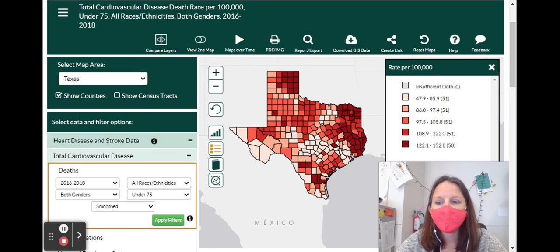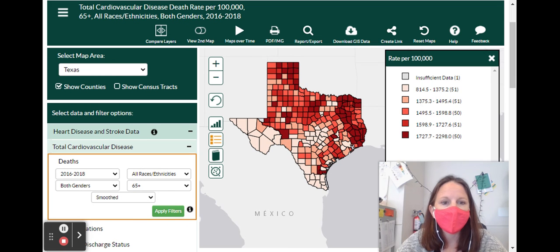You're going to continue answering the questions on the document as you go. If it's italicized, it tells you you're going to be changing one of these filters. For example, the next filter is going to be 65 and over. Looking at deaths, we're going to apply filters and then see how that affects our data.